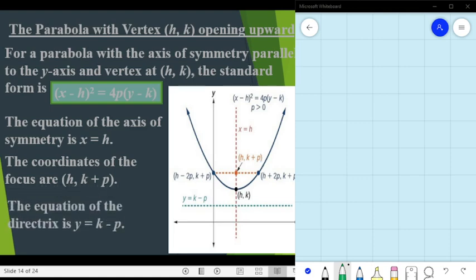Then the equation of the directrix is y equals k minus p. So kung mag-add ka sa babaw og p units sa imong k sa vertex, so sa imong directrix minusan pud to nimo. It is the y kay it is horizontal man. So minusan nimo og p ang imong k. Okay?